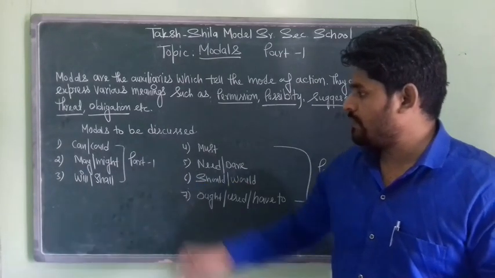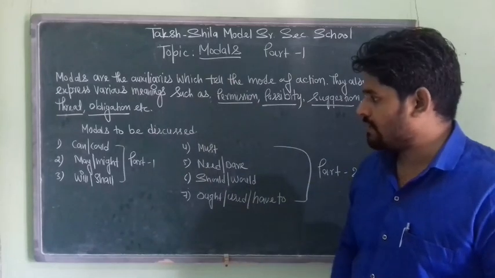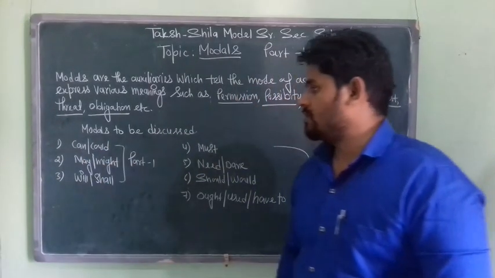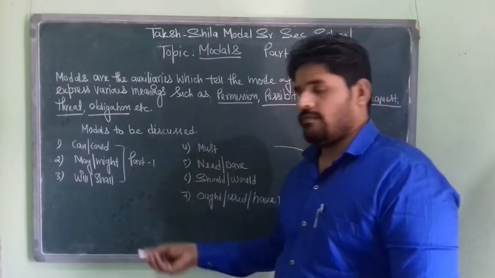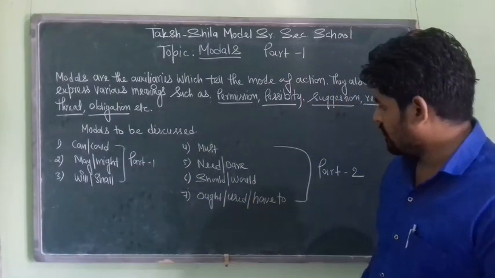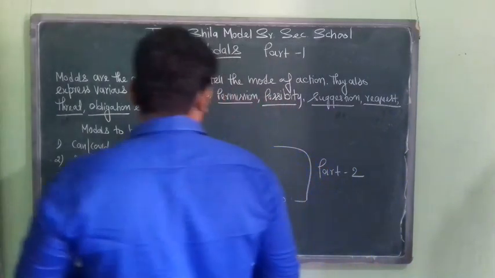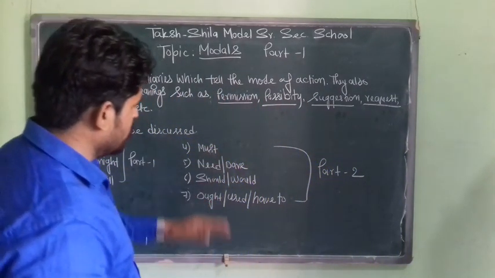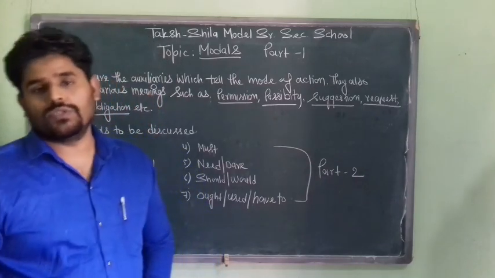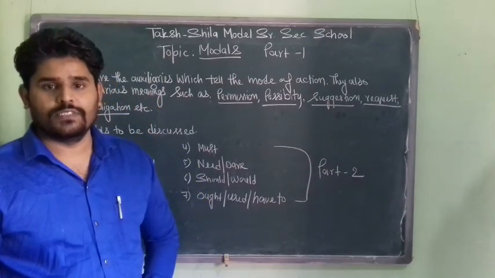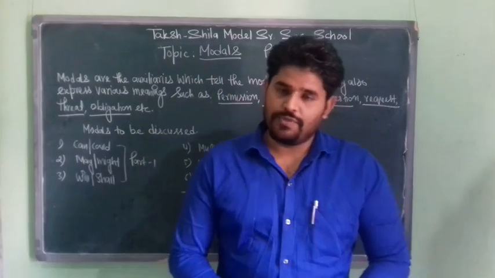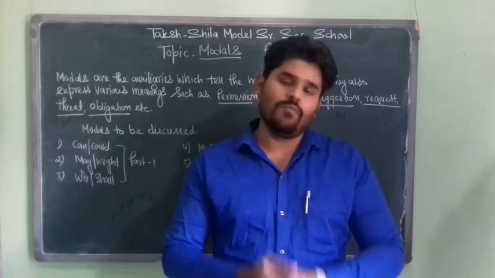This time also I'm going to divide this chapter into two parts, and in the first part we are going to discuss these six models: can, could, may, might, will, shall. In the second part of this lecture, we will discuss must, need, dare, should, would, ought, used and have to. So students, let us get ready to work with models.